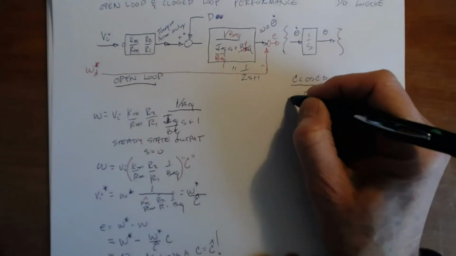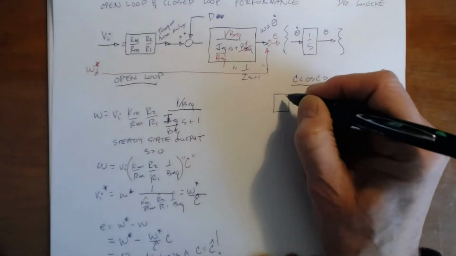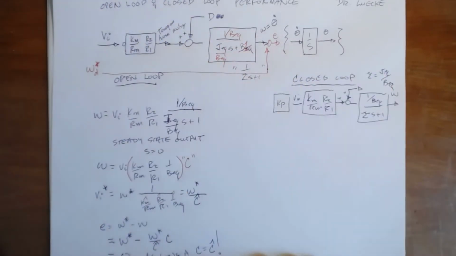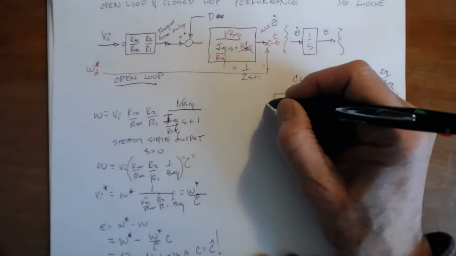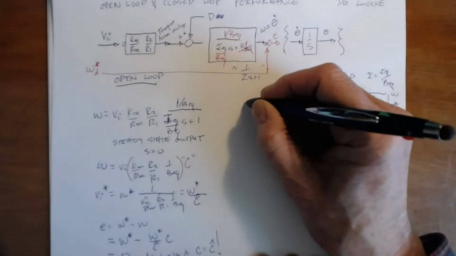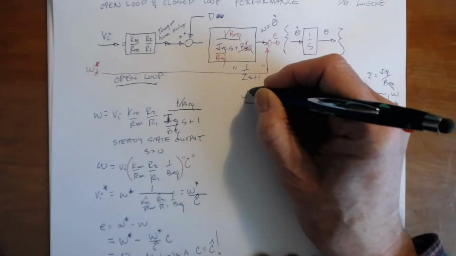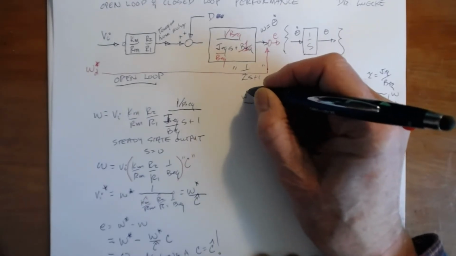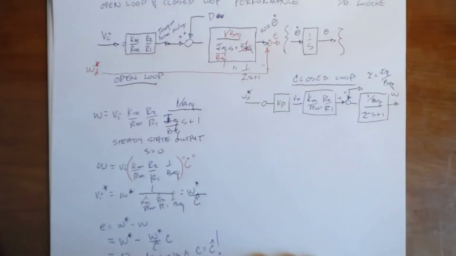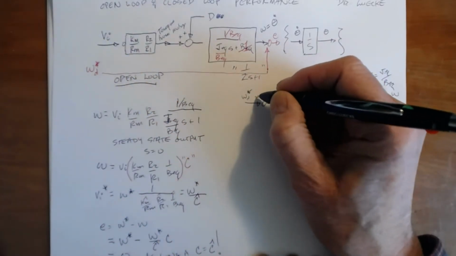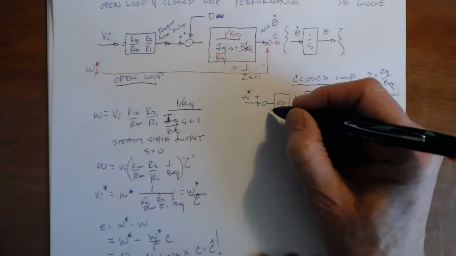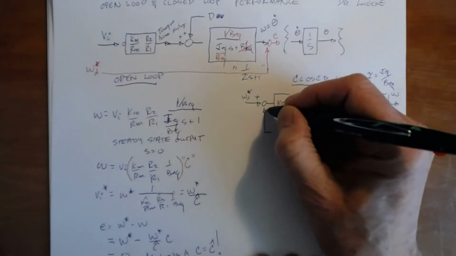We say that it's going to be some proportional gain, and what we're going to multiply that gain by is omega desired. In this case, I'm going to say omega star, and then I'm going to subtract omega.